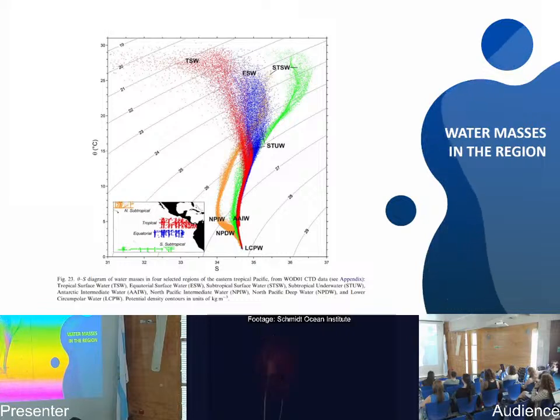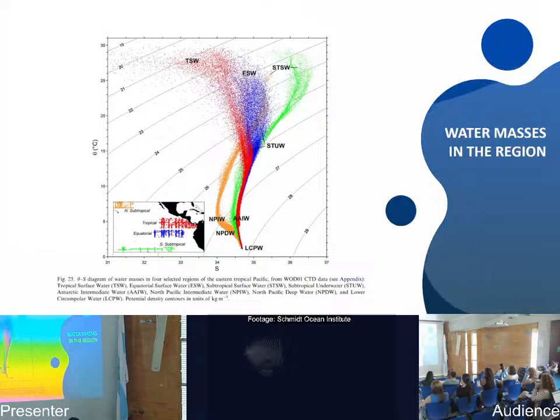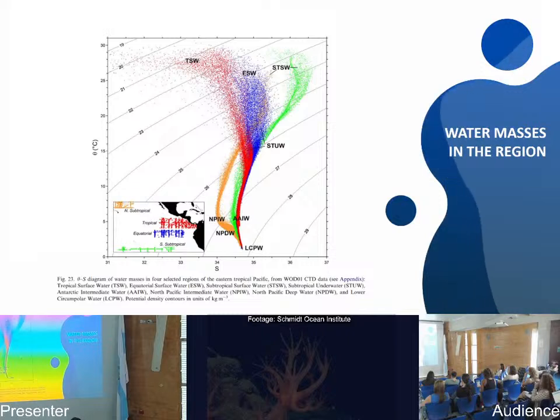Thanks to this, they did a review, they did some simulations with models and with in situ data, and they were able to get an updated and more comprehensive view of the different water masses that are in the area. So of course, when we want to understand what happens in the Costa Rican exclusive economic zone, it's important to understand what happens in the region, because at the end, if we're talking about offshore systems, they are strongly connected to what happens in general in the sub-basin.